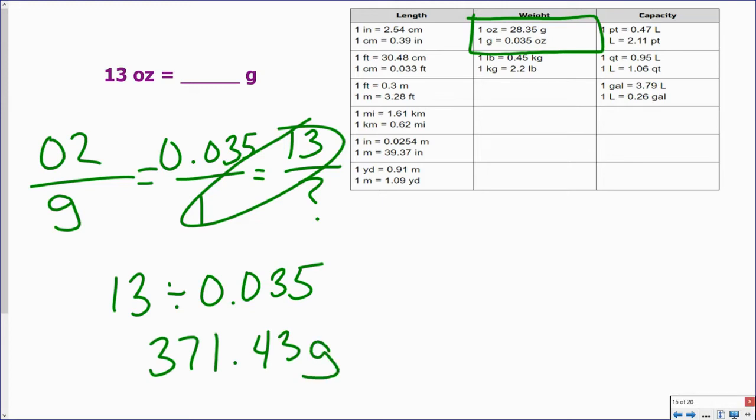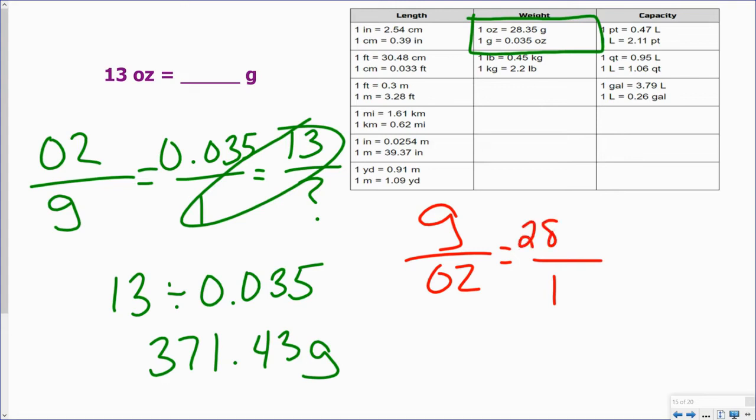And then if I use the other comparison there, I would compare my grams to my ounces. And in that one, that would give me 1 ounce here and 28 and 35 hundredths grams.